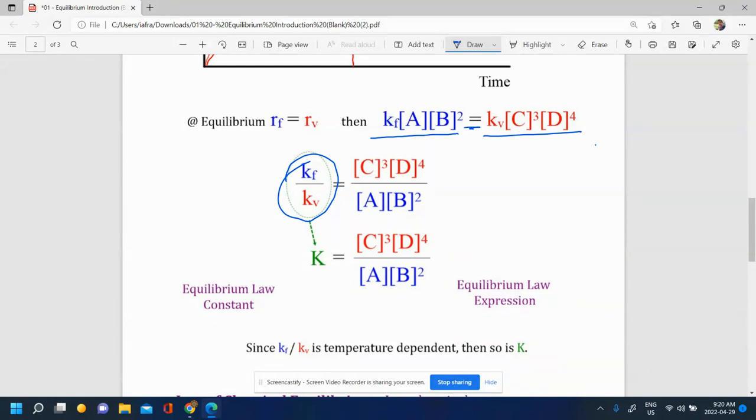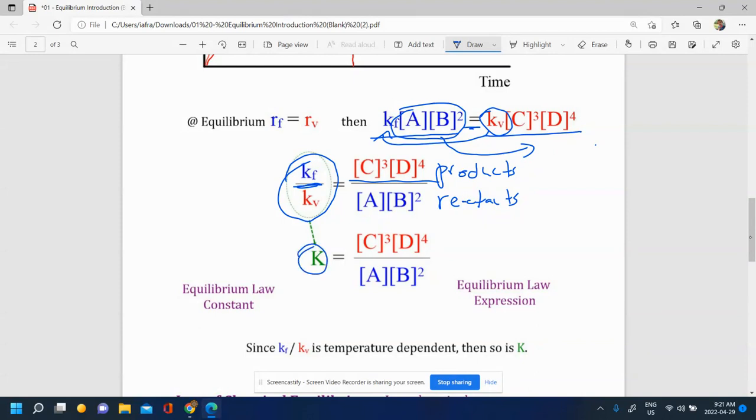And so if you essentially send the rate law constant to the other side, that becomes a division. And if you send these reactants to the other side, that also becomes a division. So we've created a ratio. We have products on top and reactant concentrations at the bottom.